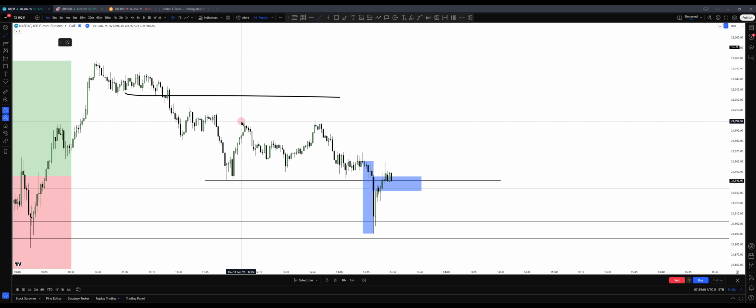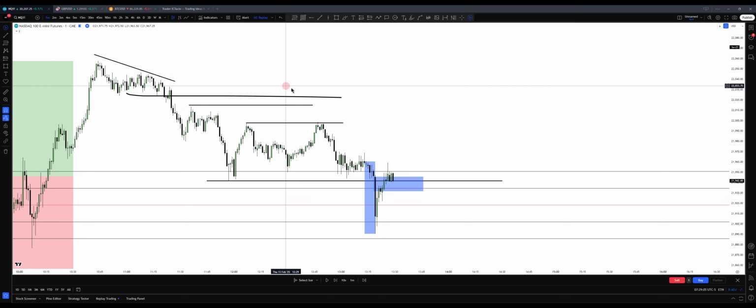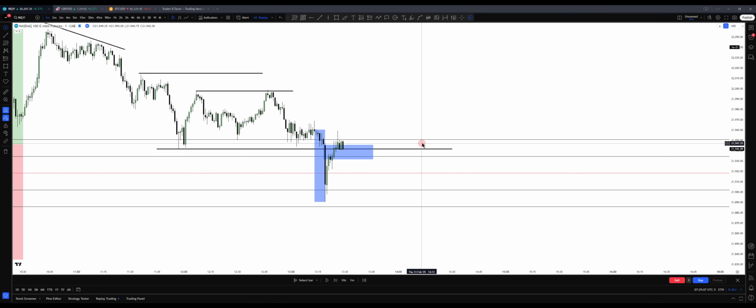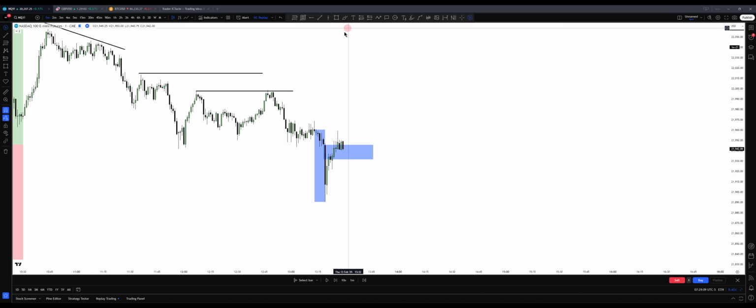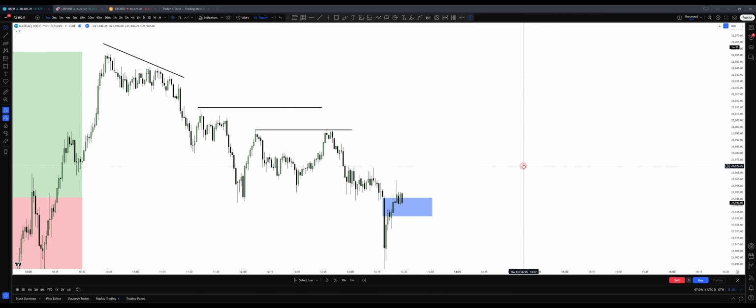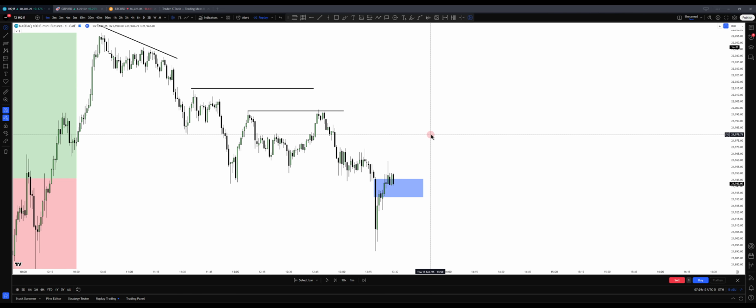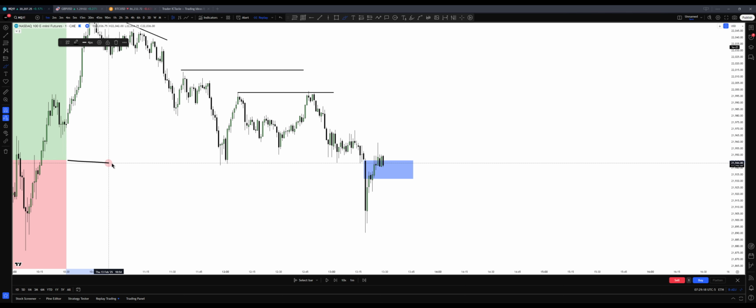Why? Because we already have equal highs above, low resistance, low resistance. So it doesn't make sense to go short from here, because first of all, the algorithm does not go lower in discount. So you cannot be selling right here.